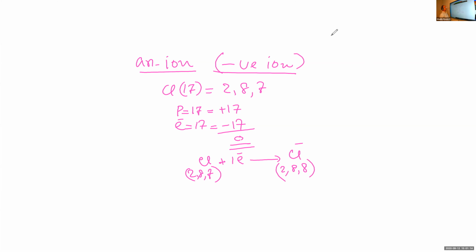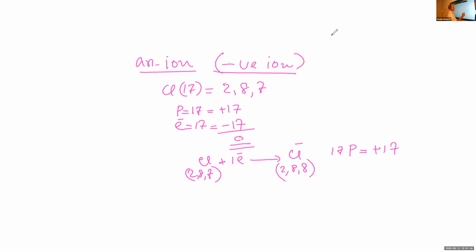If it is so, you compare the size of a chlorine atom and a chloride ion. Here in the chloride ion, there are only 17 protons, atomic number 17, so plus 17 is the charge of the nucleus.